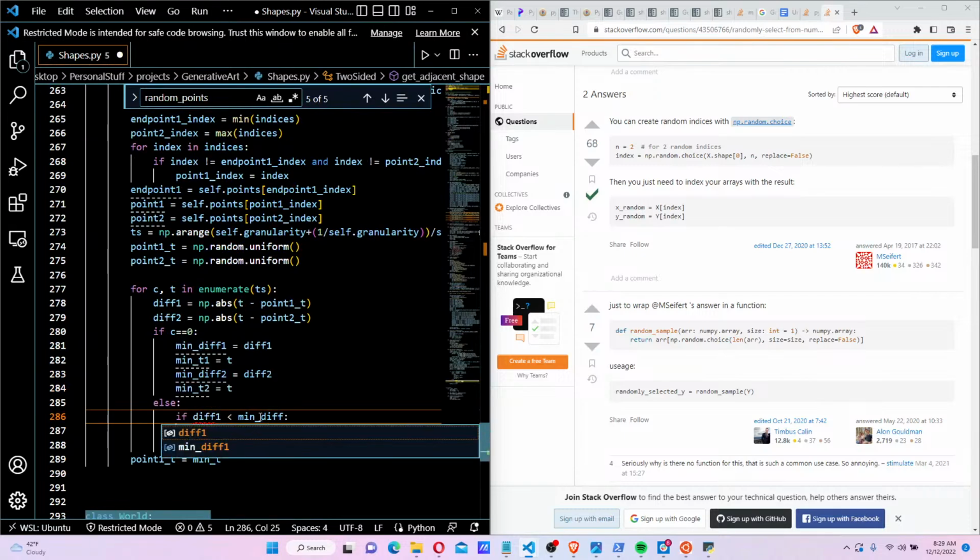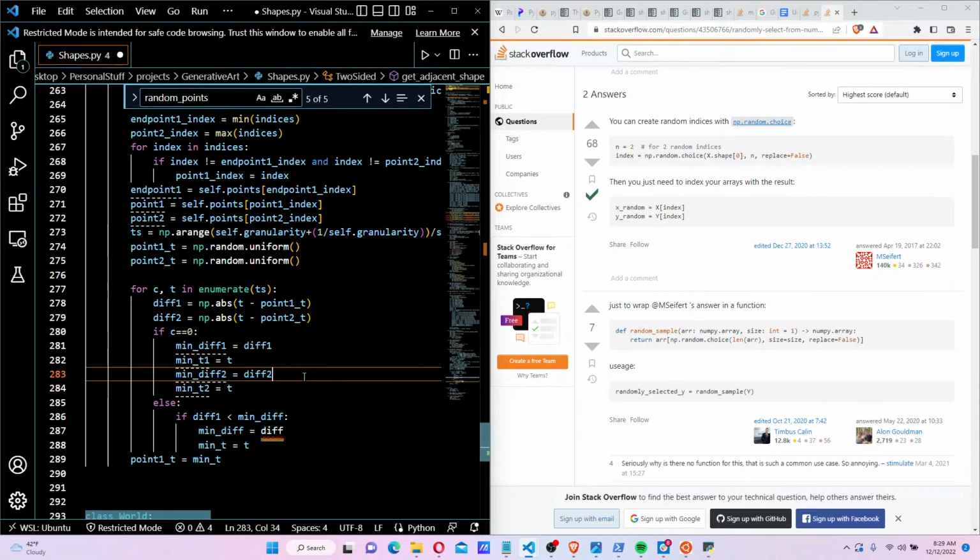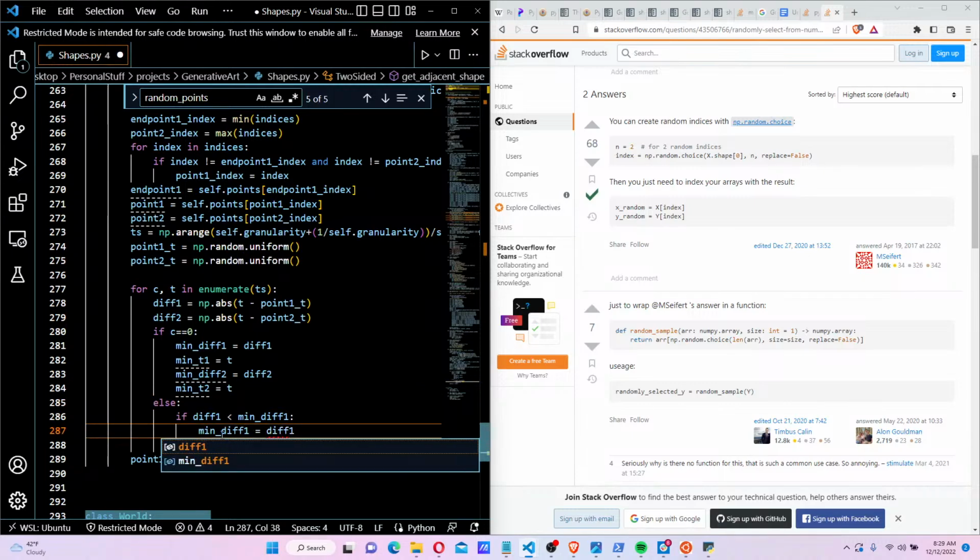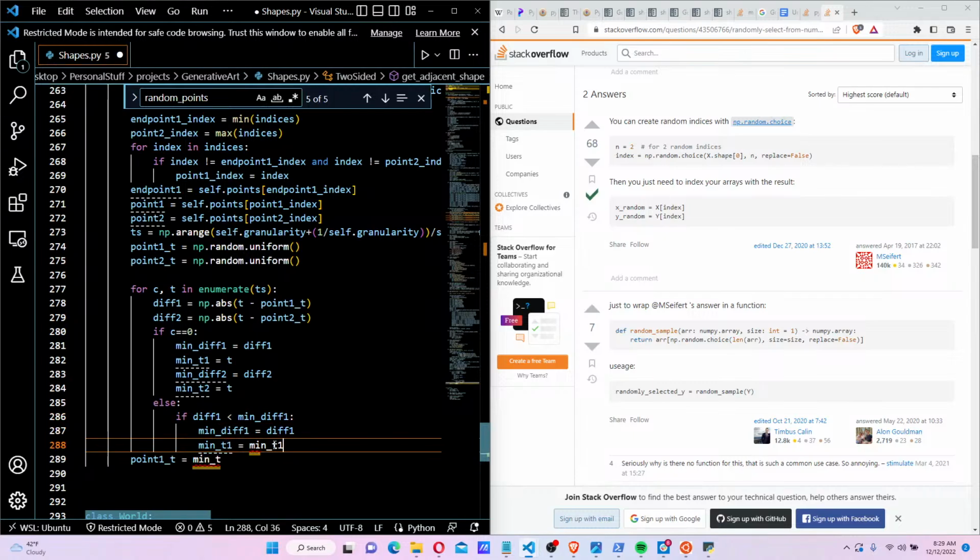Otherwise, if diff1 is less than min diff1, min diff1 is equal to diff1, and min t1 is equal to t1. Okay.